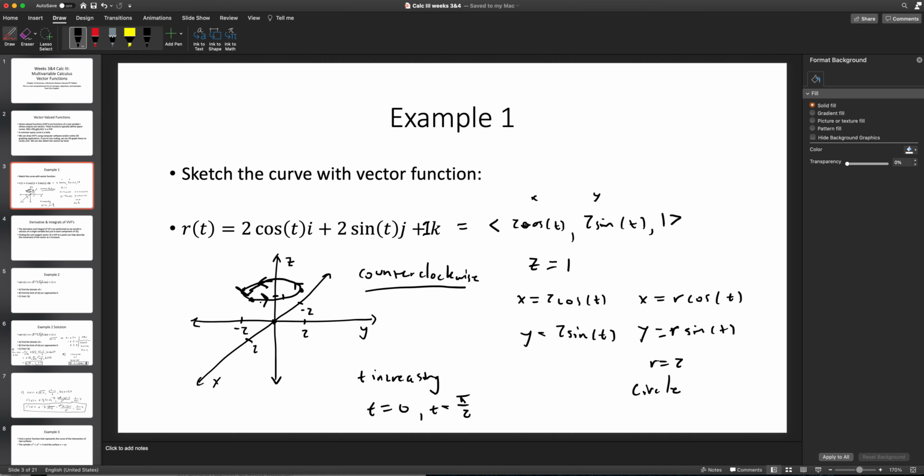Now, derivatives and integrals of VVFs. The derivative and integral of VVFs are just like what you think of in standard single variable calculus, except it's component-wise. That's the main difference between dealing with single variable and multivariable in this case.